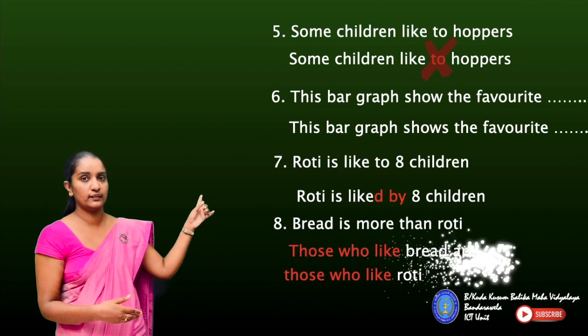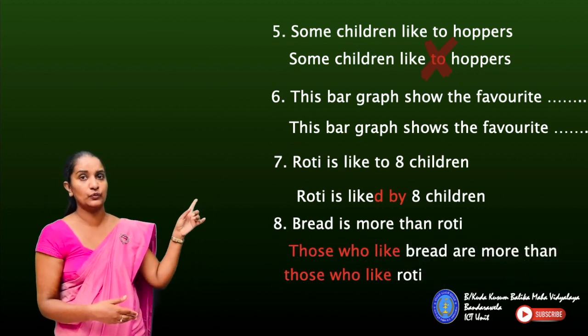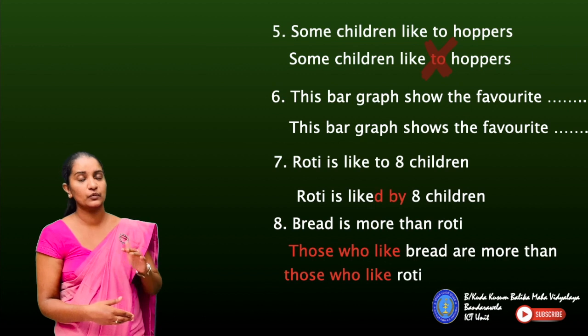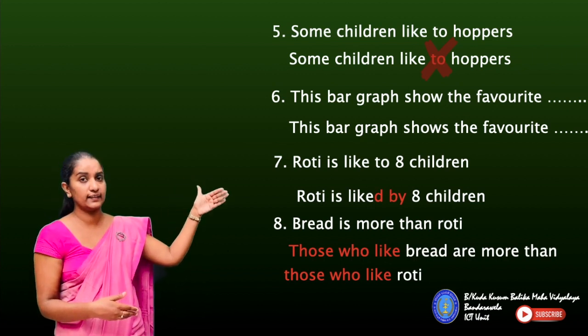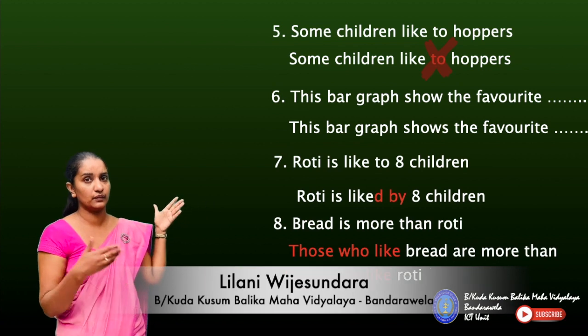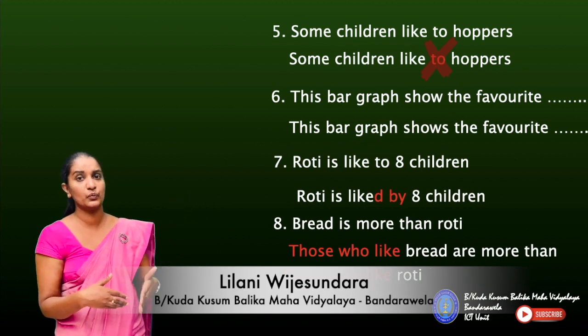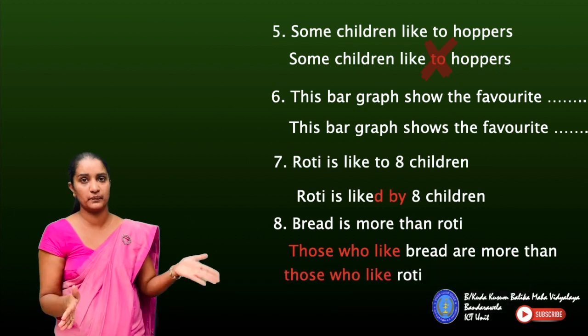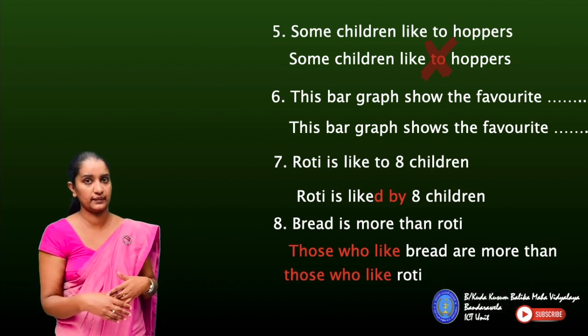So look at the correction. Those who like bread are more than those who like roti. So what you have to do, children, you can study that structure, those who like, but don't compare roti and bread. I hope it's clear for you.